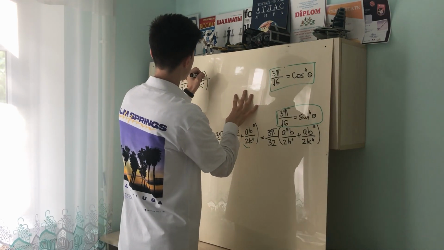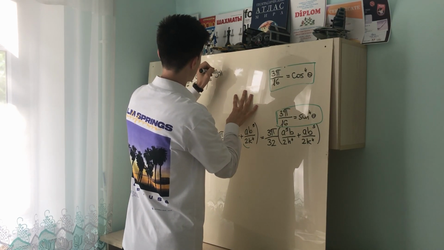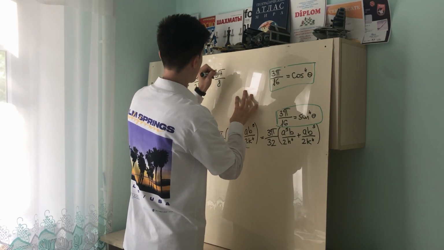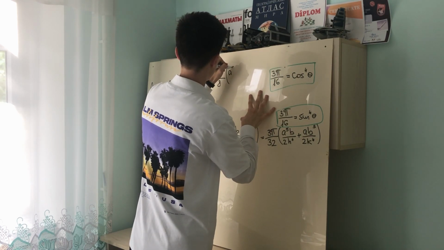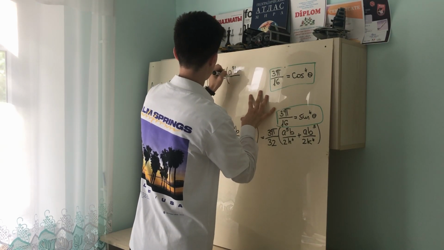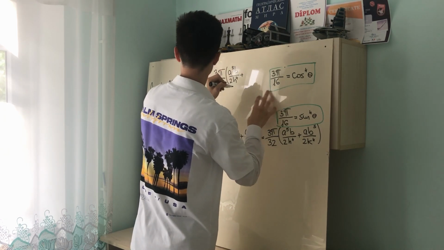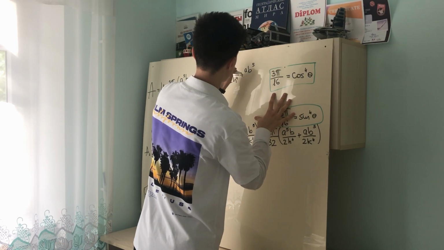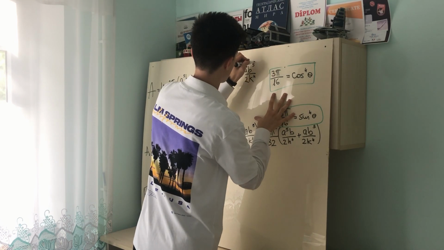So our final answer is 3 pi over 8 times a to the 5 times b over 2h to the 4 plus a times b to the 5 over 2k to the 4.